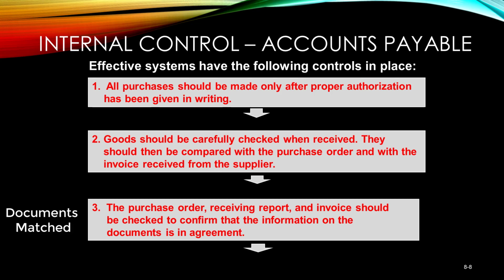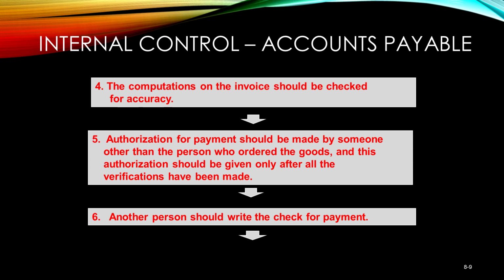How do we do this? Step number 3 says the purchase order, receiving report, and invoice should be checked to confirm that the information on the documents is in agreement. To further enhance internal controls, the computations on the invoice should be checked for accuracy.